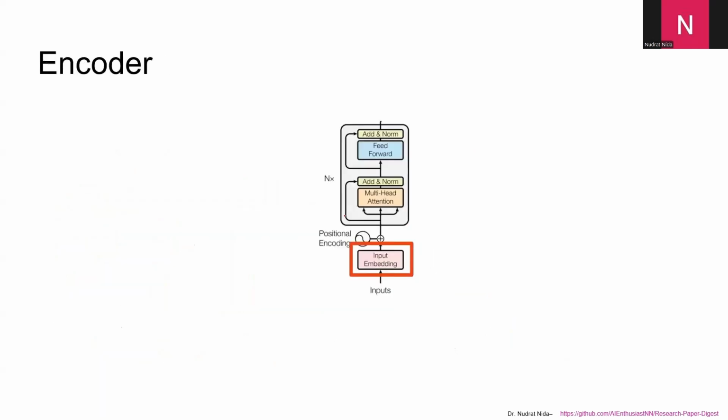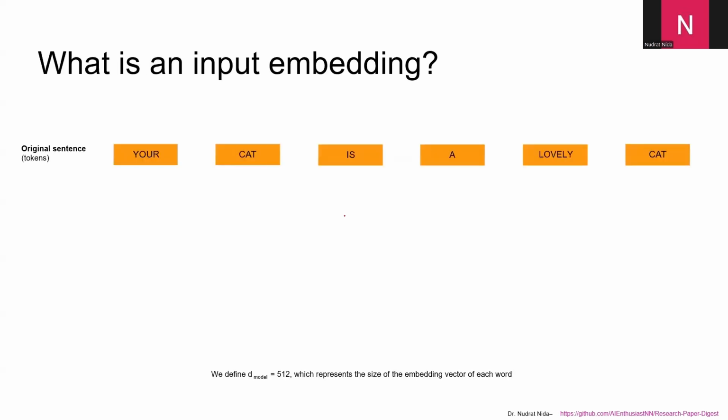So we will discuss the encoder block in the first step, and then we will discuss how the decoder block will process the input. In the encoder block, first we will discuss the input embeddings. For example, if our input is this sentence, in the first step we will tokenize it. Our sentence is: your cat is a lovely cat.